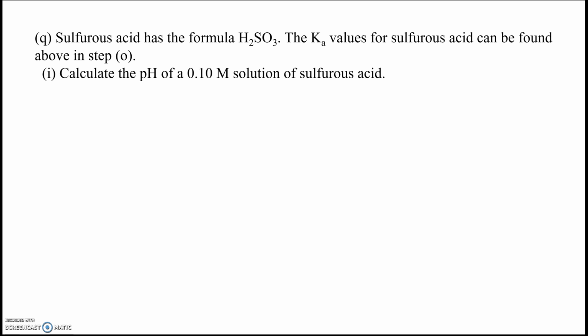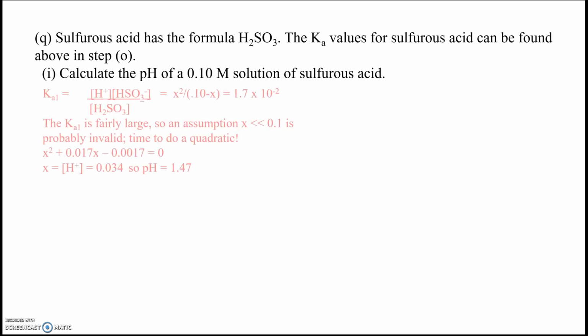Sulfurous acid has the formula H2SO3. The Ka values for sulfurous acid we can get from the problem above, so we want to calculate the pH of this sulfurous acid. Now we can write our equilibrium expression.